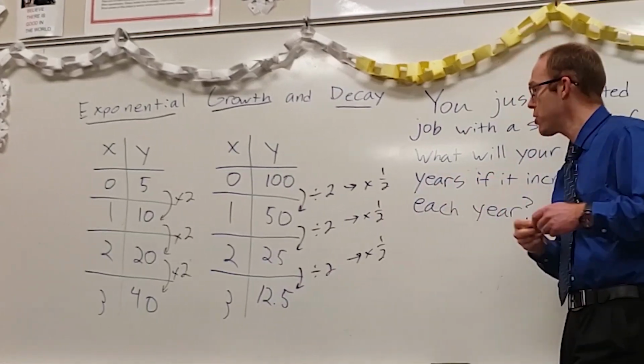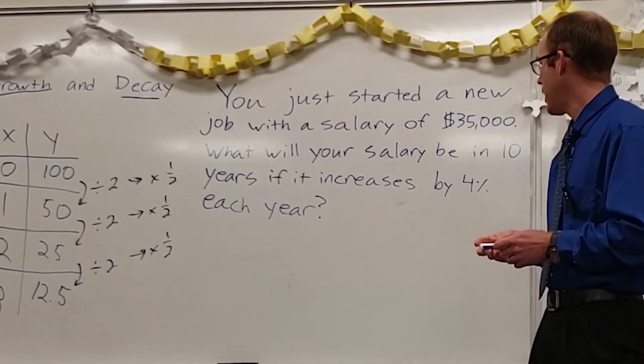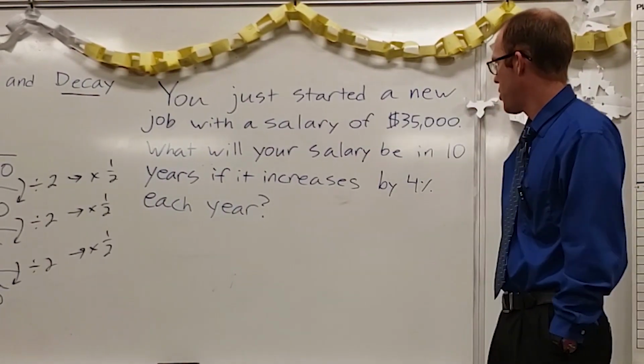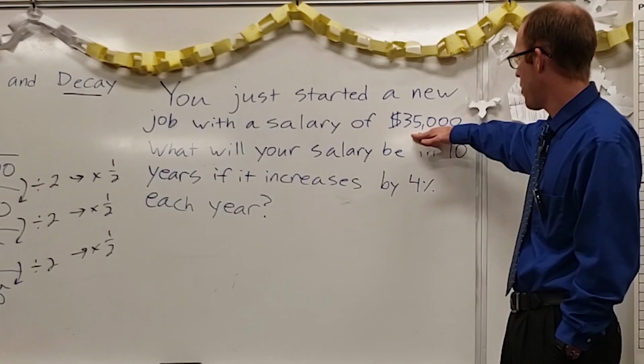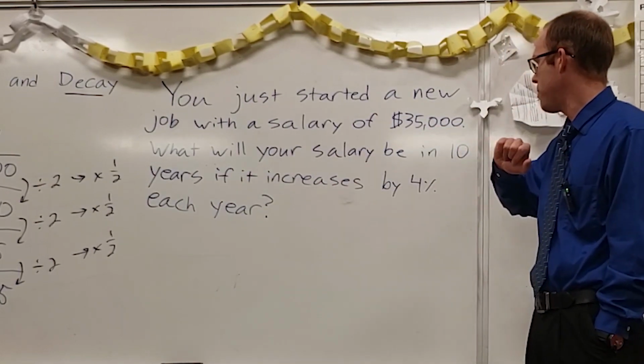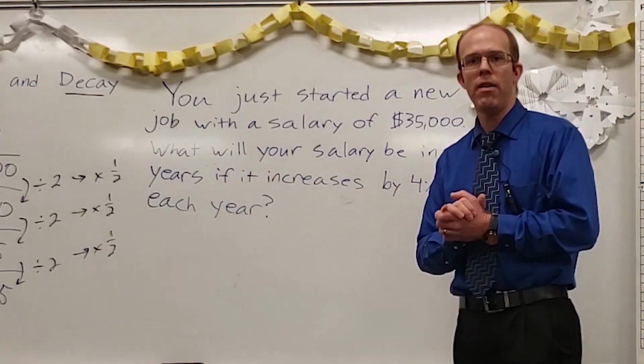Now, the types of questions we'll be moving toward look kind of like this, where we're growing or decaying by a certain percent. In this case, we just started a job with a salary set at $35,000, and the question asks, what will your salary be in 10 years if it increases by 4% every year?